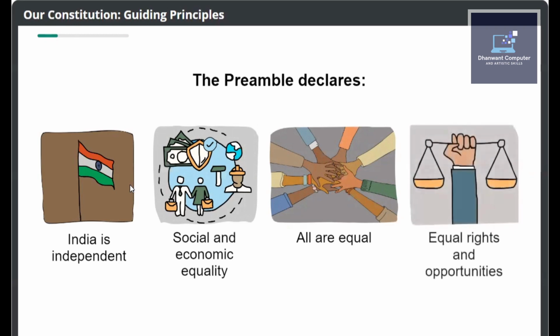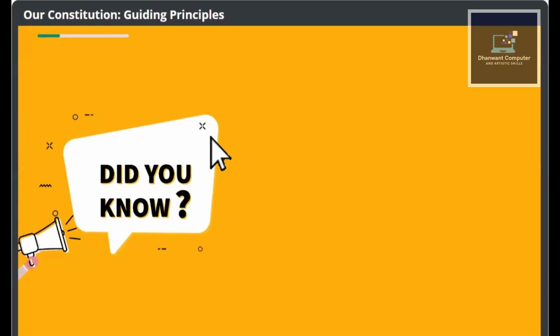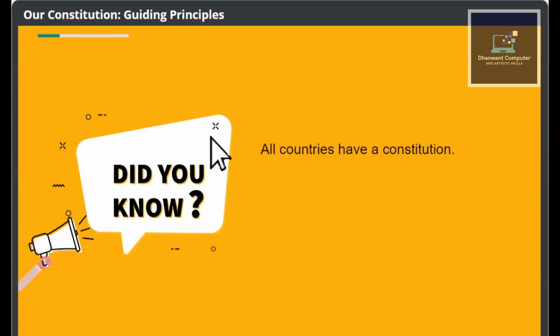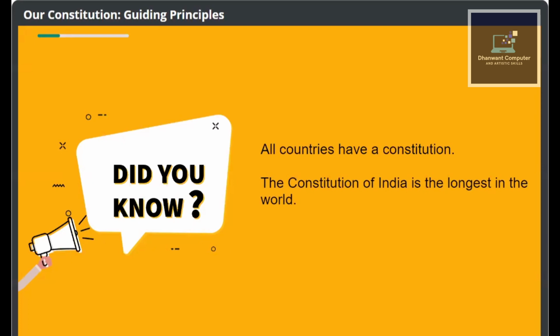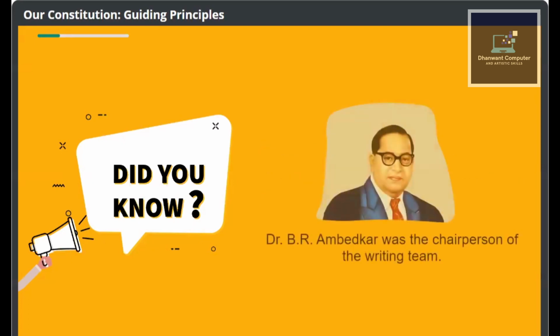Everyone has equal rights and opportunities to get jobs and earn livelihoods. Did you know all countries have a constitution? The Constitution of India is the longest in the world. Dr. B.R. Ambedkar was the chairperson of the writing team.